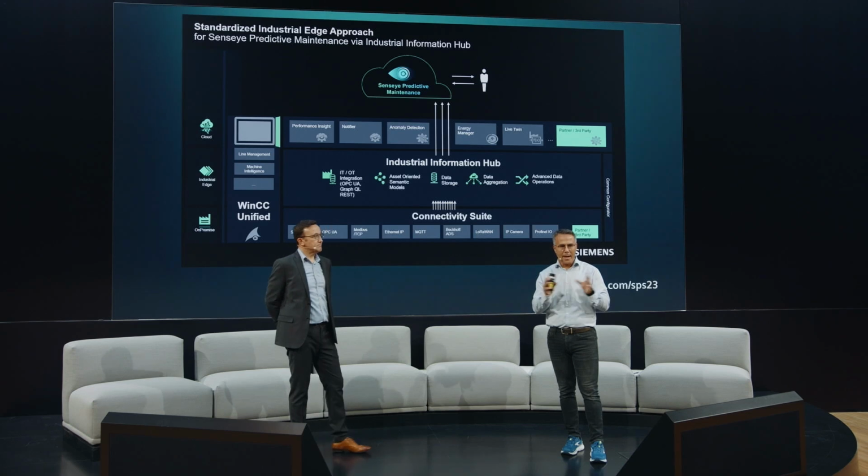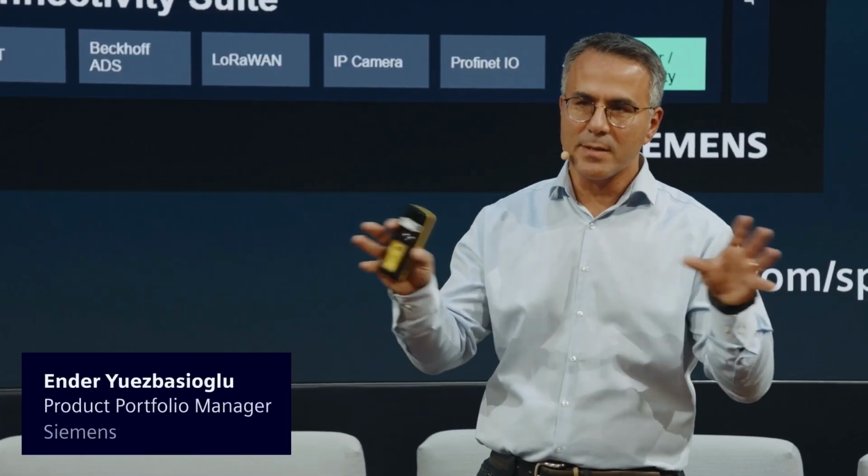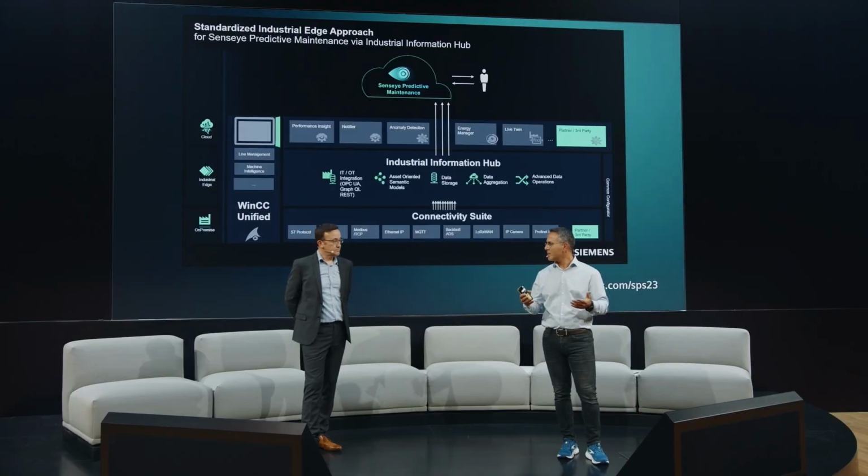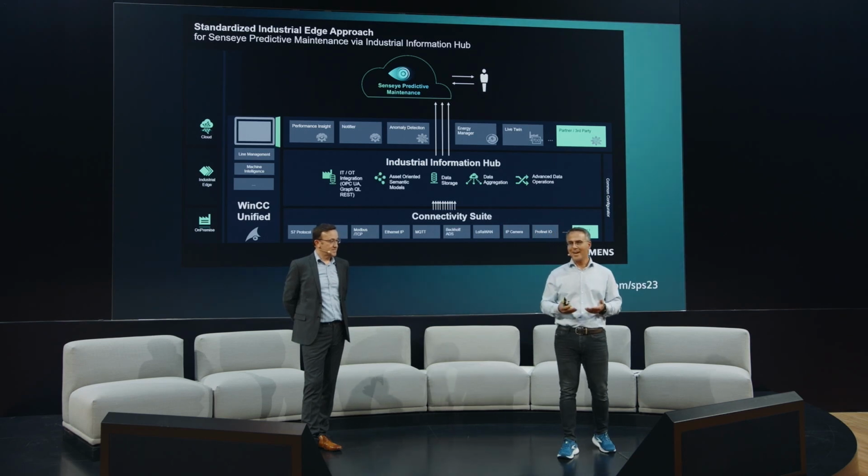Then you can aggregate this data and data model across the IIH nodes spread through your facility. And at the end, you can provide this data to IT layer, to the apps like Senseye at the end. And the key part is in a condensed way, so that apps like Senseye do not get flooded with the shop floor data, so that they get it, so to speak, ready to digest.